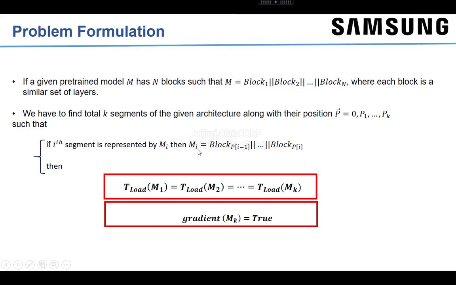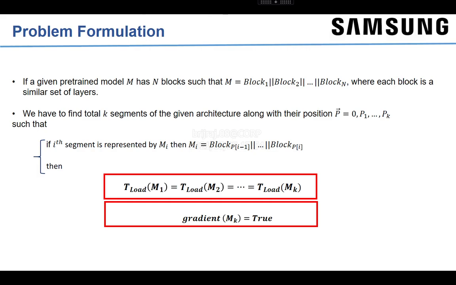This way, the ith child model, if we represent it by mi, will have the blocks from pi minus 1 up to pi, right? Here we want all the child models to have equal loading time. If that is attained, then the effective loading time of the full model will be equal to the loading time of any of the child models.